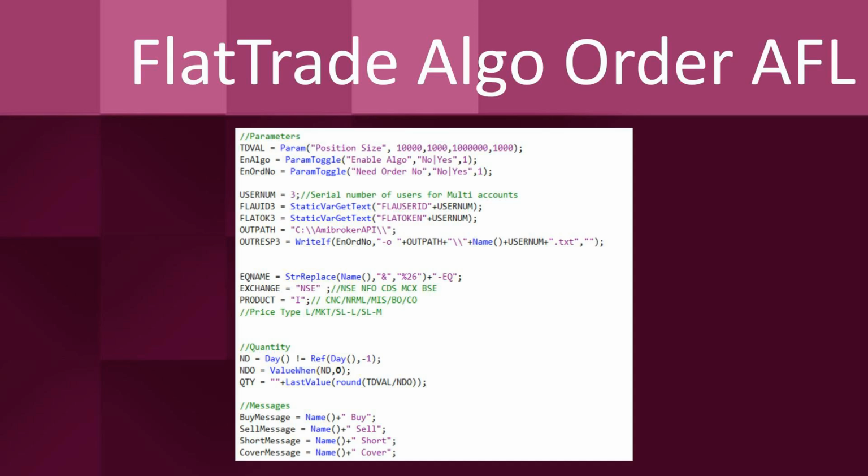You can customize the details of these messages as needed, including information such as entry price, stop loss, target, and other relevant details. This message string will be used for trace messages, pop-up notifications, and Telegram messages.